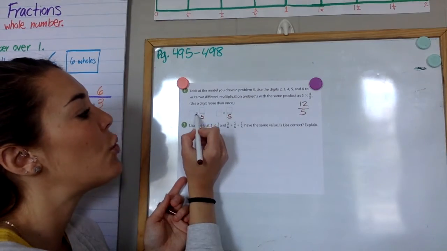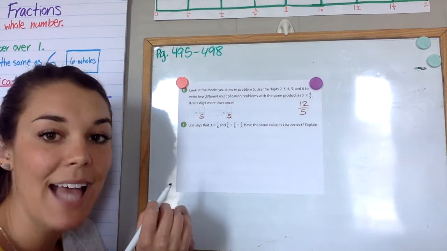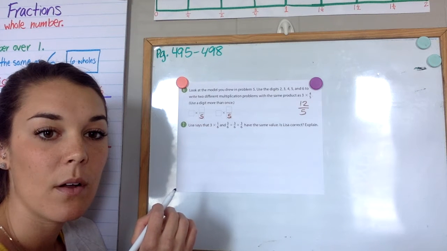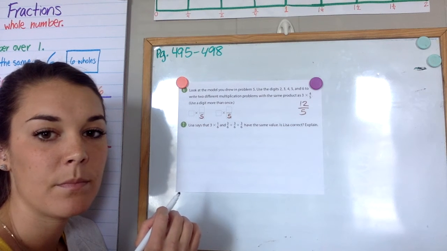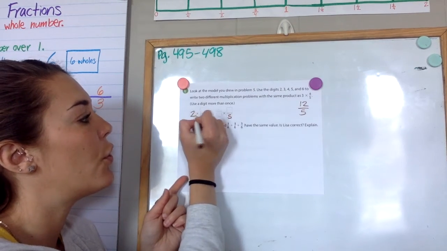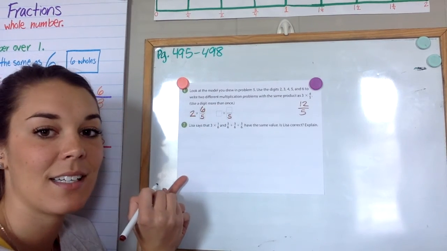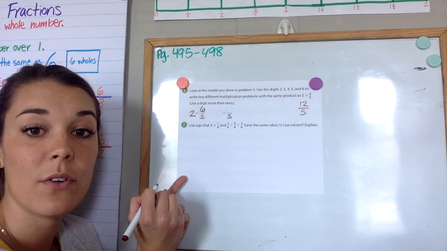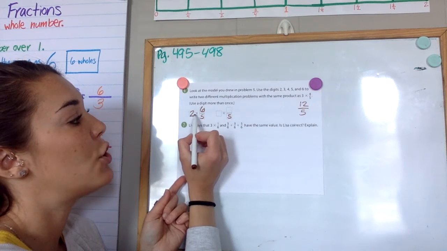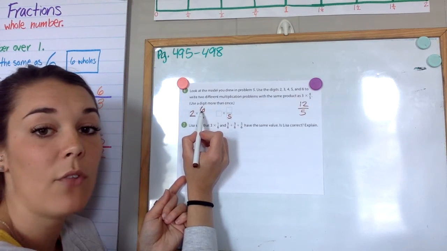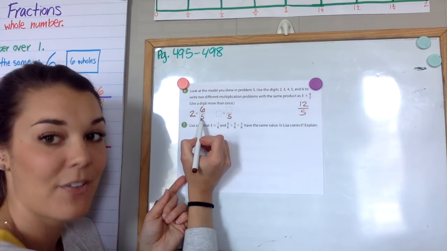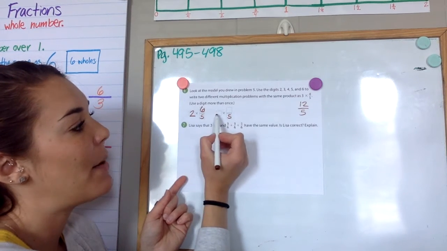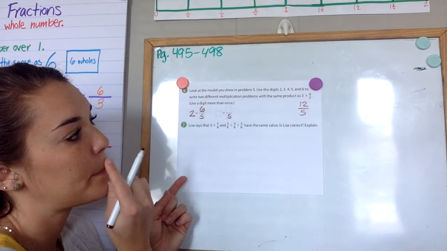What other 2 numbers can we multiply to get 12? How about 2 times 6? Isn't that 12? So if I did 2 times 6, it would be 12 over 5. So that works.